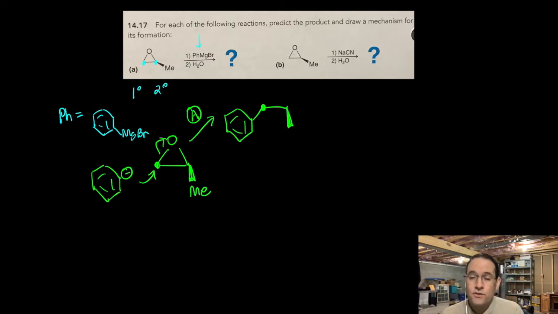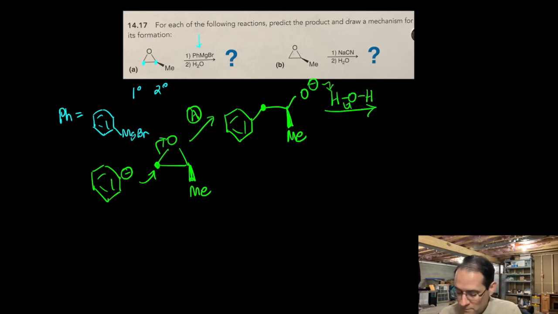What I'm going to have over here on the right carbon is a methyl group still on a wedge, because there's no attack happening at that carbon atom, so it's not going to be inverted, okay? Next, that alkoxide is going to react with water to form our neutral alcohol product. We call that P for protonation, and that's going to give me the molecule here.